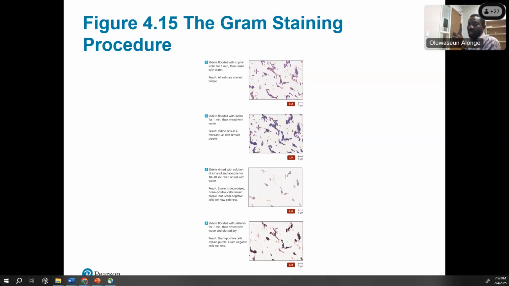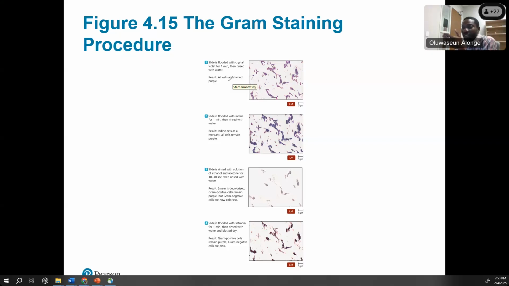But one thing you have to do first before you wash it, we use iodine on it. After you stain with crystal violet, you put iodine. Now, what will iodine do? We call iodine a mordant. It's like a sealant. You want to seal up the stain that crystal violet has stained for the specimen that has picked it up, so that you don't wash it off from them.